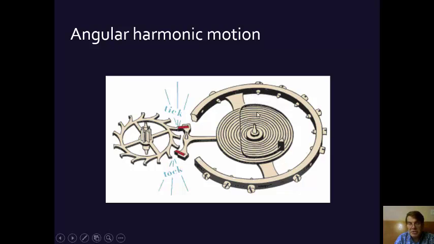The spring is wound in such a way, out of such a material, that when you wind it up it begins to go boing, boing, boing, and this goes tick tock, tick tock, as the angular harmonic motion is created. This is the way mechanical watches used to work. How brilliant the inventors of these were.